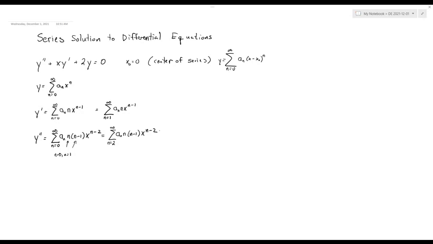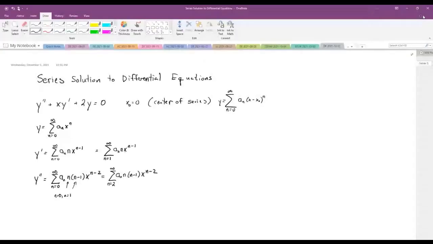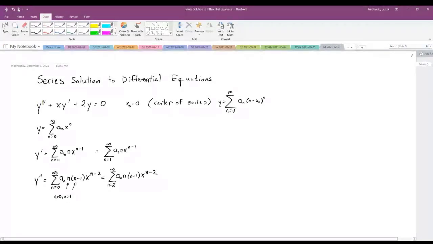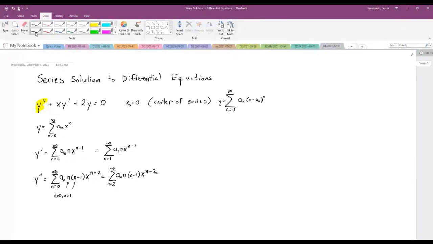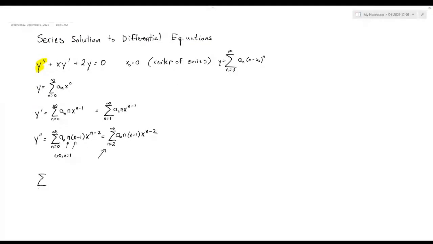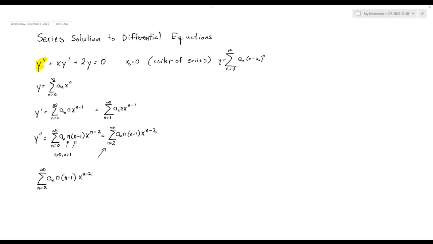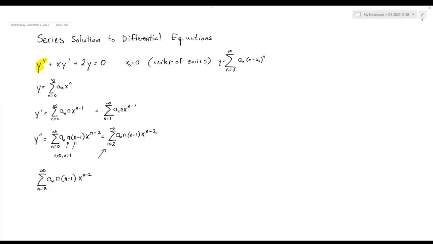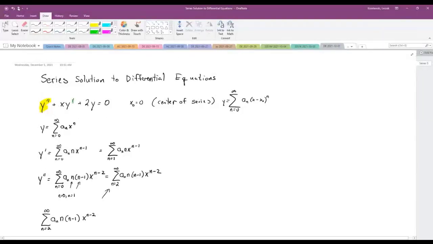All right, so now we're going to plug this into our equation. So we have y double prime, and then we have y prime times x.